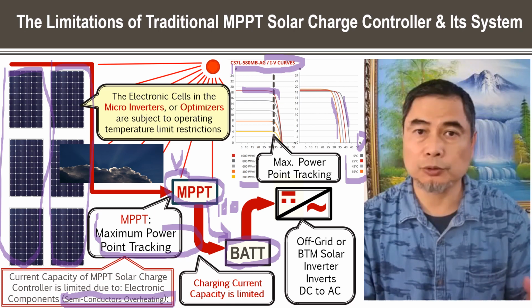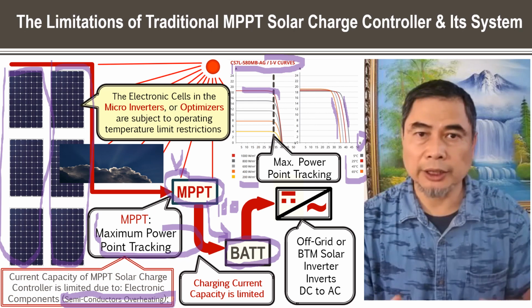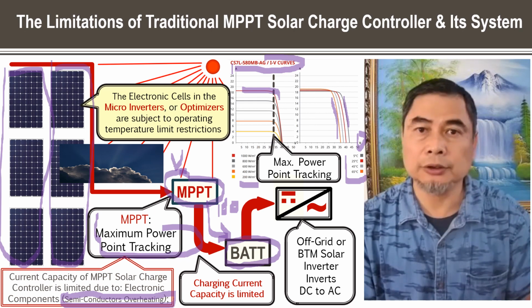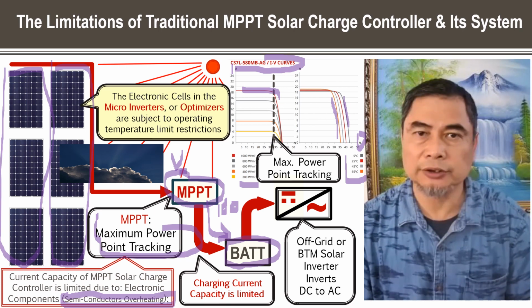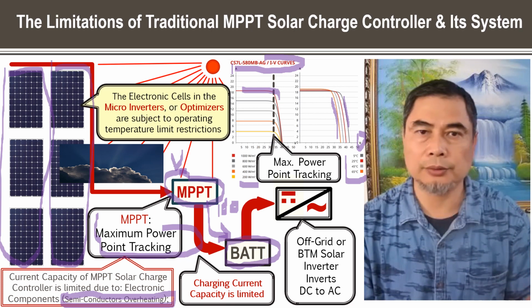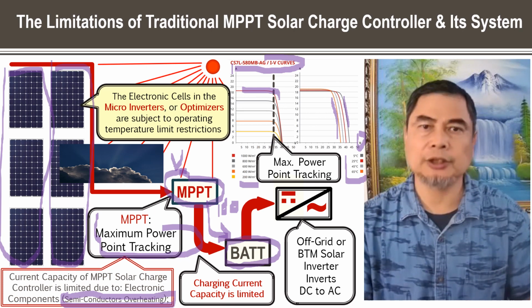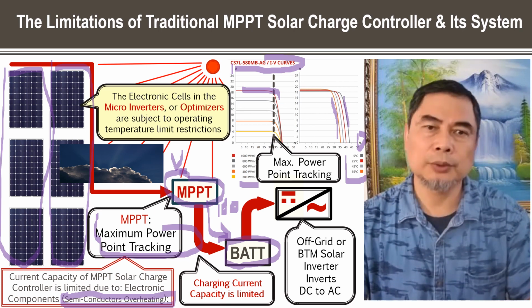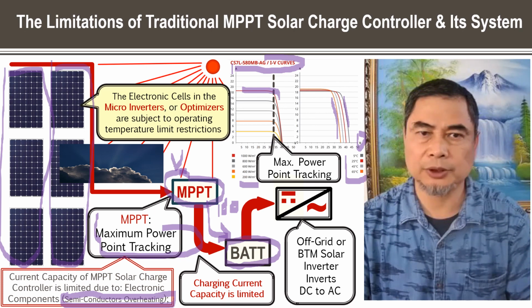First, there is the electrical component. The second is that they have to modulate according to the battery charging characteristic, not to overcharge it, not to have too much current going through. So lots of things are built inside to limit the power capacity. That's why we feel the MPPT solar charge controller system is quite limited.